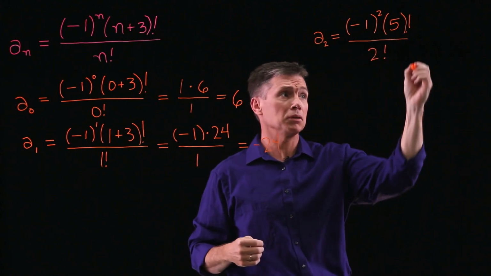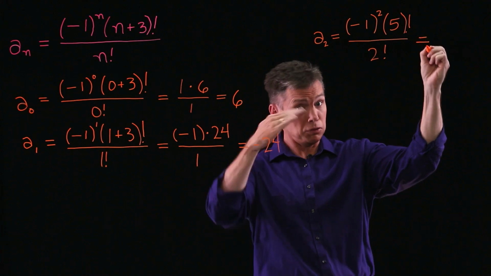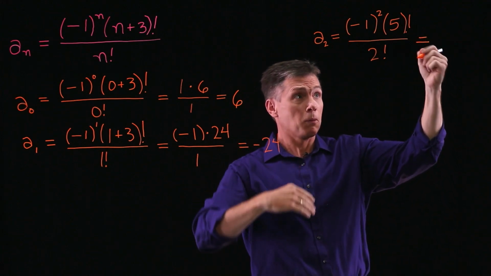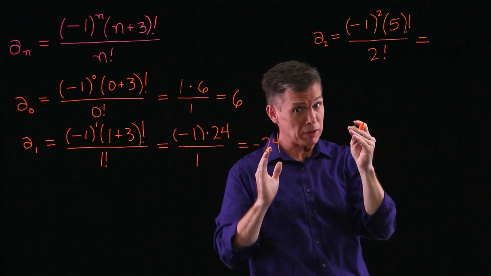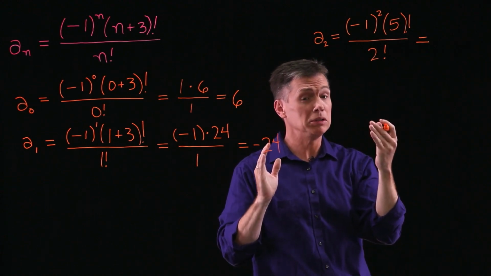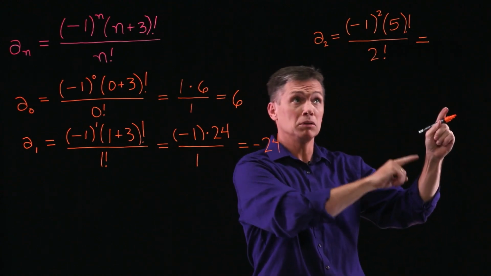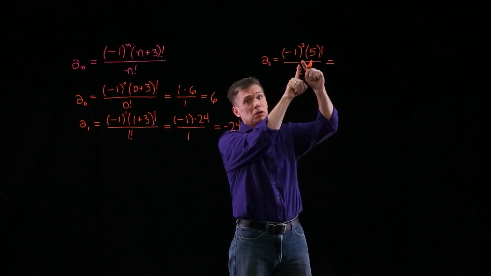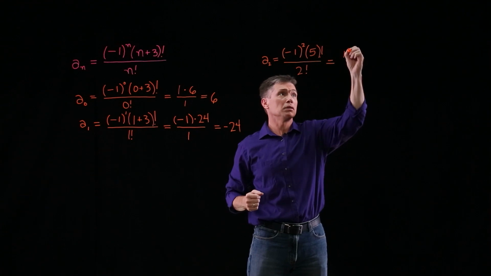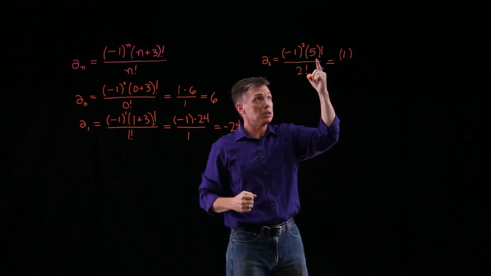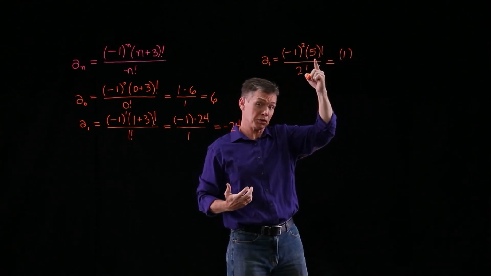But I'm going to show you something else, which I'll use for the next few terms as well. When you have a factorial up top and down below, you can simplify and make your arithmetic a little bit easier. So let's continue and try to simplify a little bit. And I'll even do that negative 1 squared. That's just a positive 1. Okay. But it's the factorial that I want to focus on here.